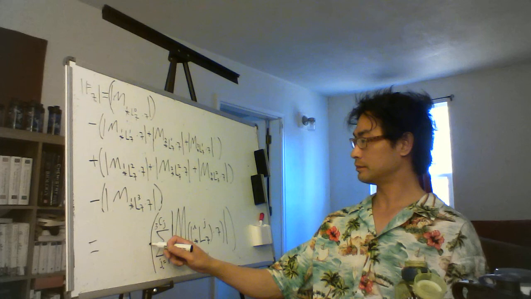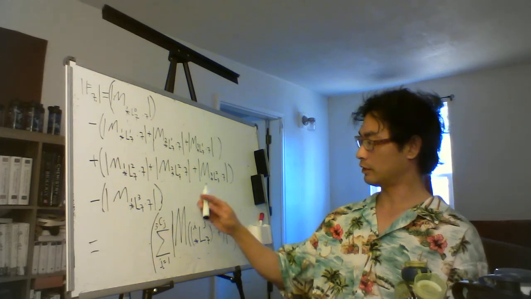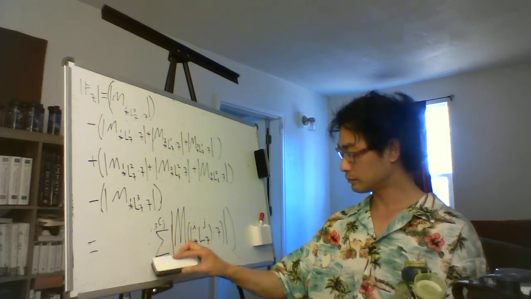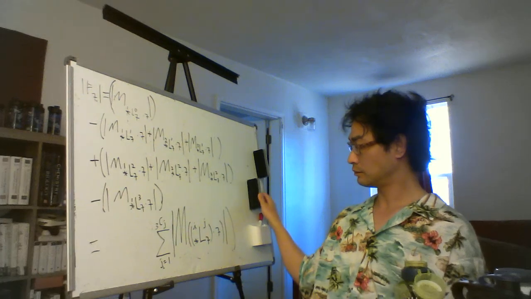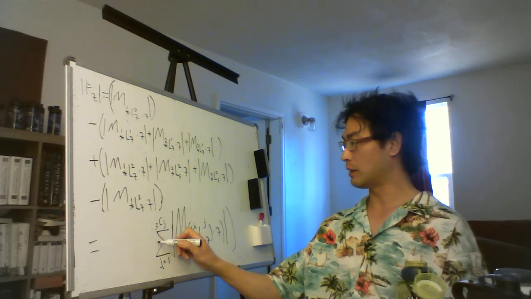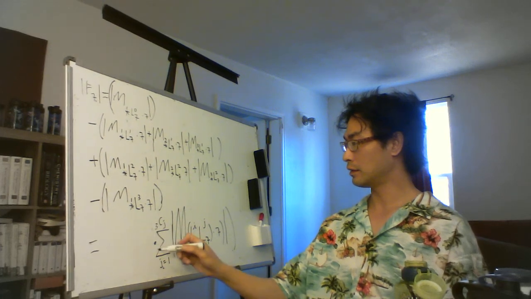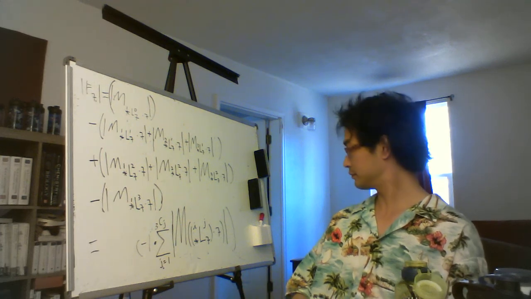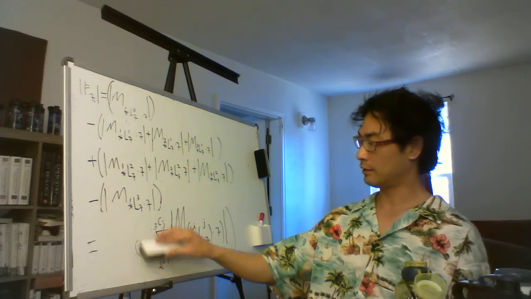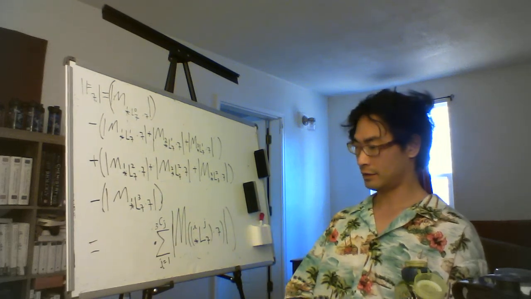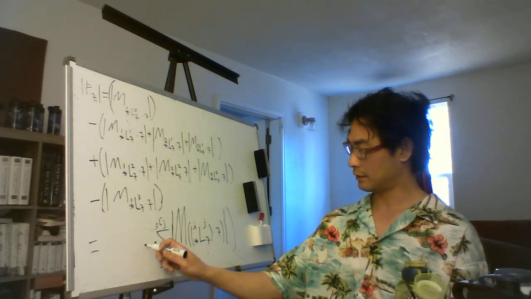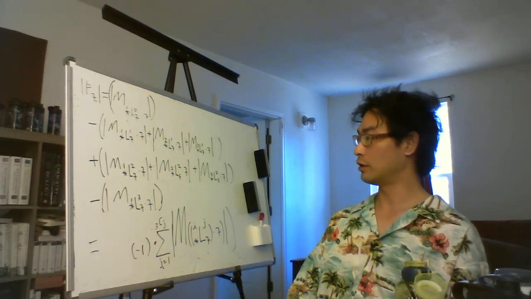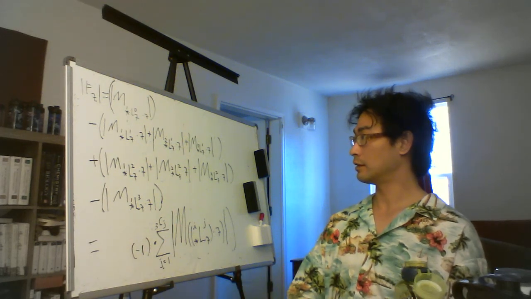Multiply by, well, before you open the parenthesis, the entire sigma multiplied by -1 to the jth, because j starts from 0.